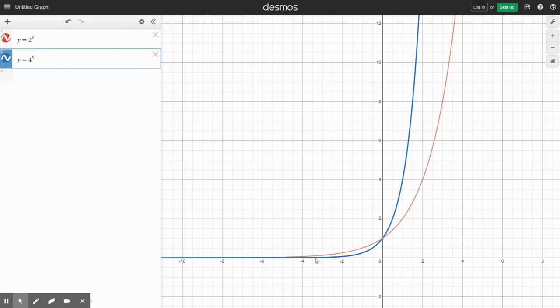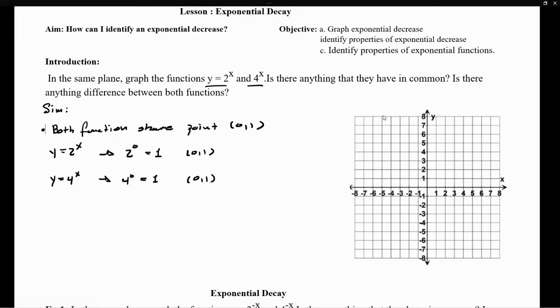So perhaps that's a second similarity: both functions, I'm just going to label them, are increasing functions. And I think that takes care of the similarities.